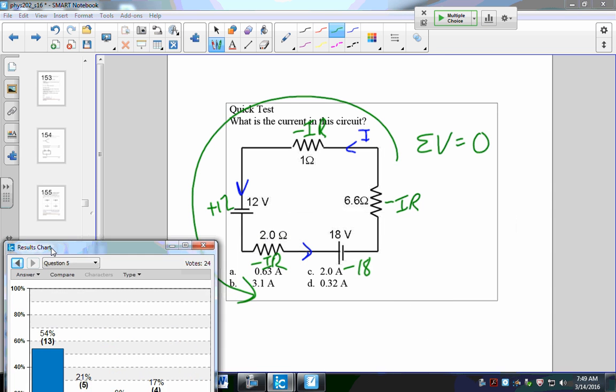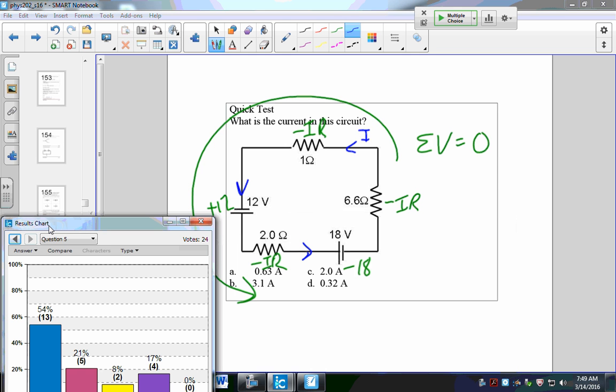Okay, let's see. We're sort of all over the board here. But I'm going to write out the loop rule. As I move from this point in this direction, I get negative 1 ohm times I, plus 12, minus 2 times I, minus 18, minus 6.6 times I. That's all equal to 0, and then I solve that for I. So I get negative 9.6 I, minus 6 equals 0.